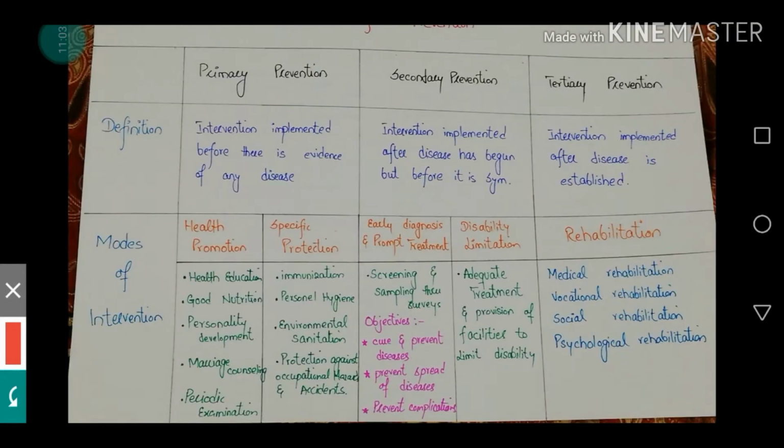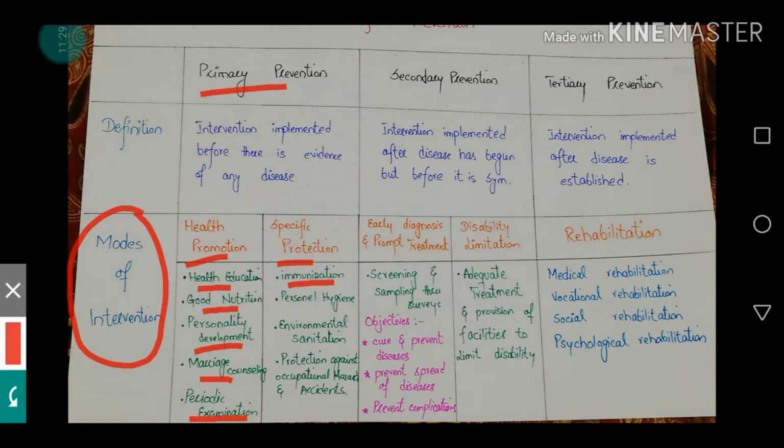Each of these preventions has certain modes of intervention, and in primary prevention we have two: health promotion and specific protection. In health promotion, health education, good nutrition, personality development, marriage counseling, and periodic examination come. In specific protection, immunization, personal hygiene, environmental sanitation, protection against occupational hazards and accidents come.